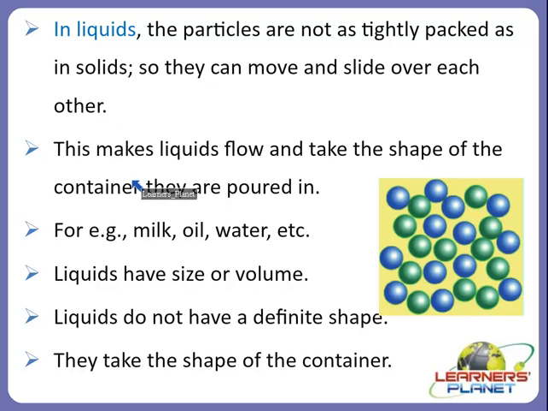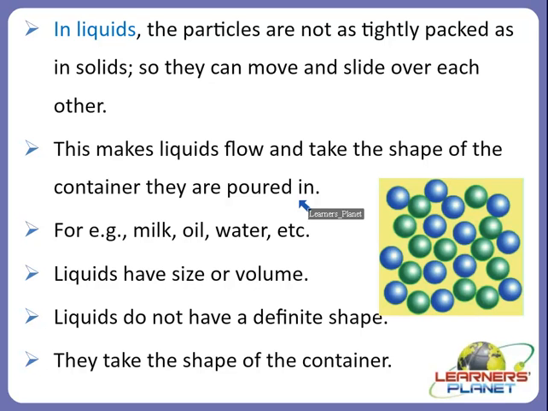Because of this property, liquids flow and take the shape of the container they are poured in. If any liquid is poured in a bowl, it will take the shape of the bowl. If it is poured in a glass, it will take the shape of the glass.